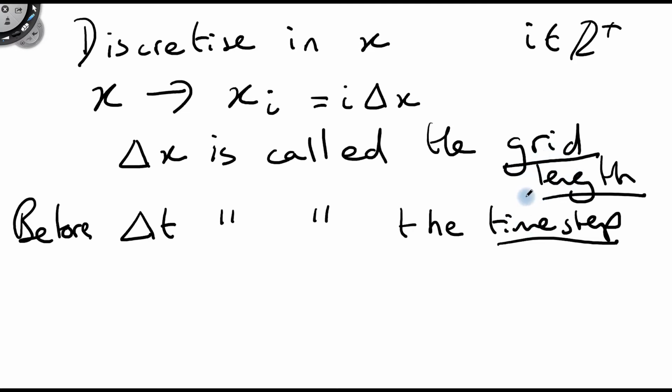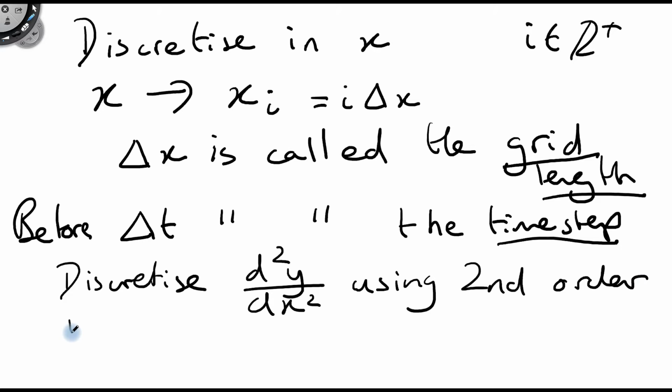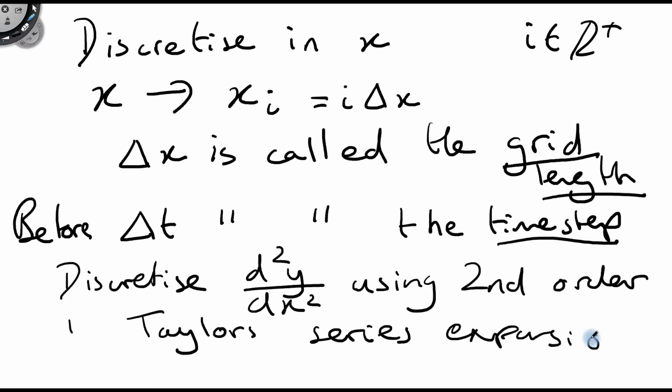For this problem, what we do is we discretize d2y by dx squared using a second order Taylor series expansion, from earlier in this section of the module.